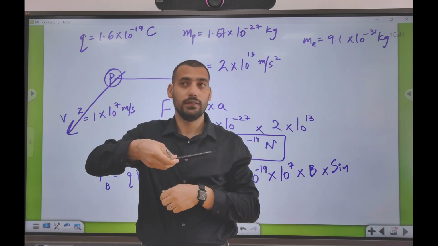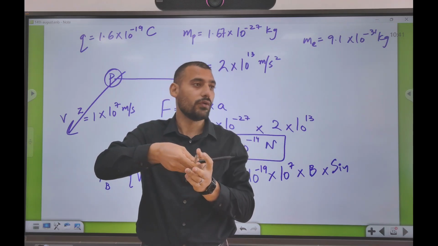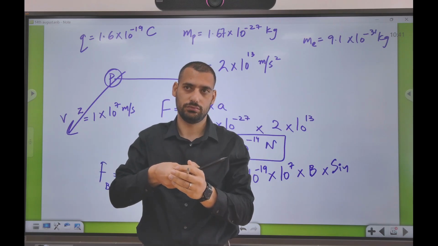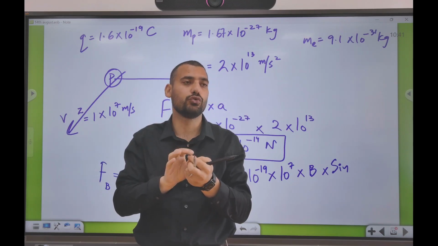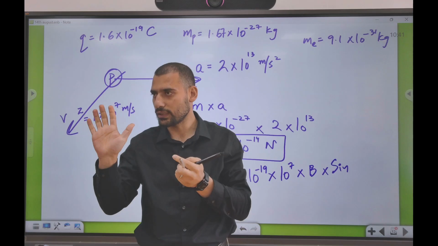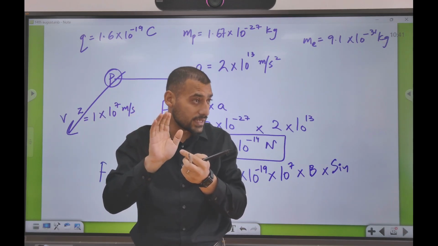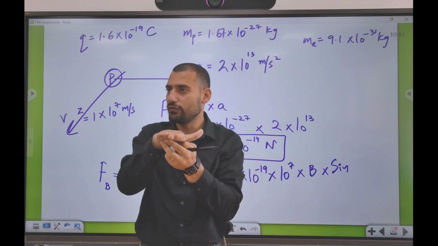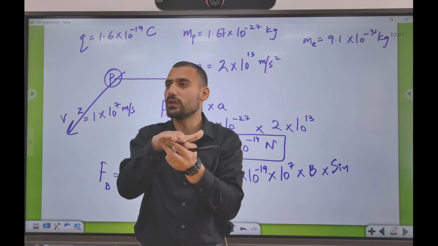I have already told you, whenever we have to find the direction of the force, we are using the right hand rule, correct? The right hand rule says, start from velocity and go towards the magnetic field.